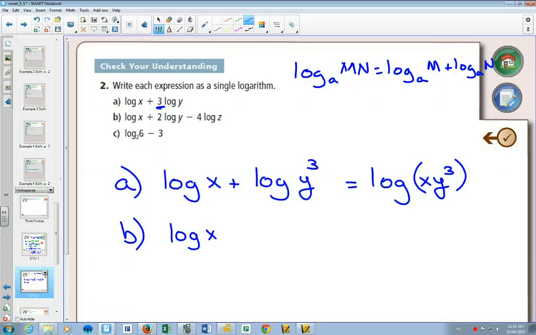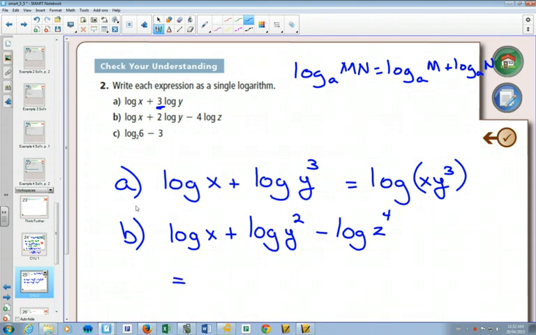First of all, there's a number in front, so I'll put that in as an exponent. There's a number in front here, so I'll put that in as an exponent. So before you can add or subtract, you have to put those numbers in as an exponent.